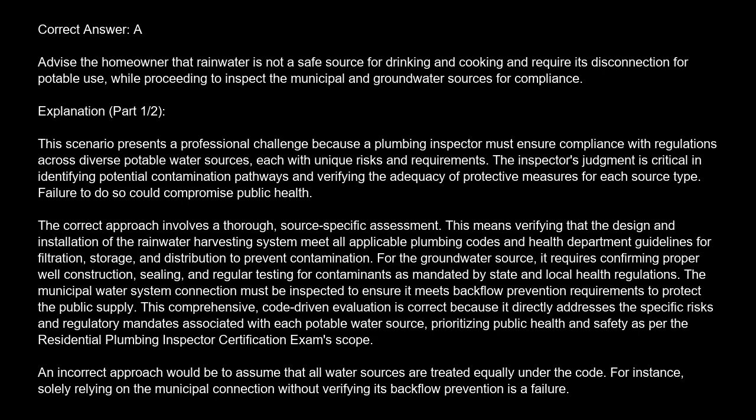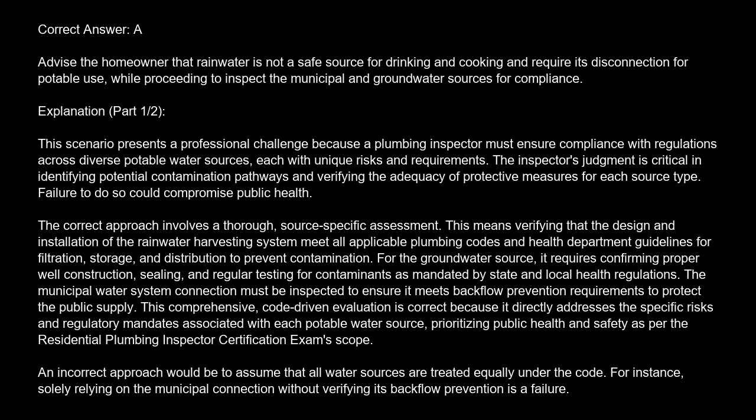The municipal water system connection must be inspected to ensure it meets backflow prevention requirements to protect the public supply. This comprehensive, code-driven evaluation is correct because it directly addresses the specific risks and regulatory mandates associated with each potable water source, prioritizing public health and safety as per the Residential Plumbing Inspector Certification Exam scope.